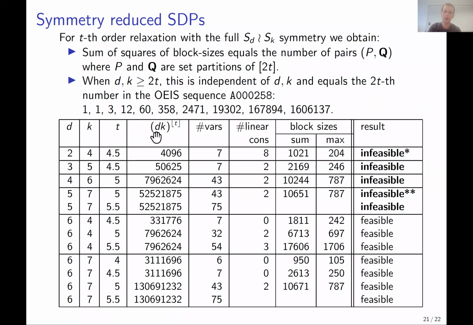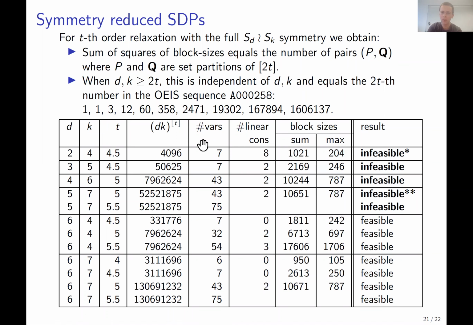Then I've shown a column with the original size of the SDP. Before symmetry reduction, this is the number of rows in the SDP. It's just given by D times K to the power T. As you can see, this is very infeasible to compute without using symmetry reduction. The next columns all correspond to what happens after symmetry reduction.